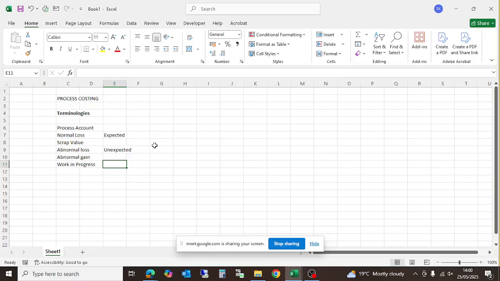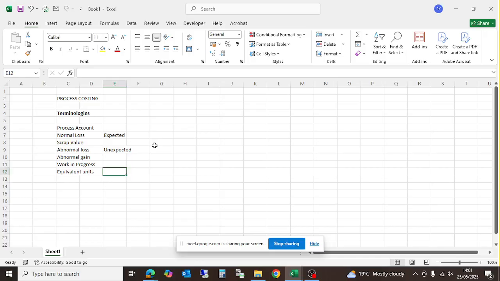And then we have equivalent units. When do we use equivalent units? We use equivalent units when we have unfinished units to convert them into completed units.